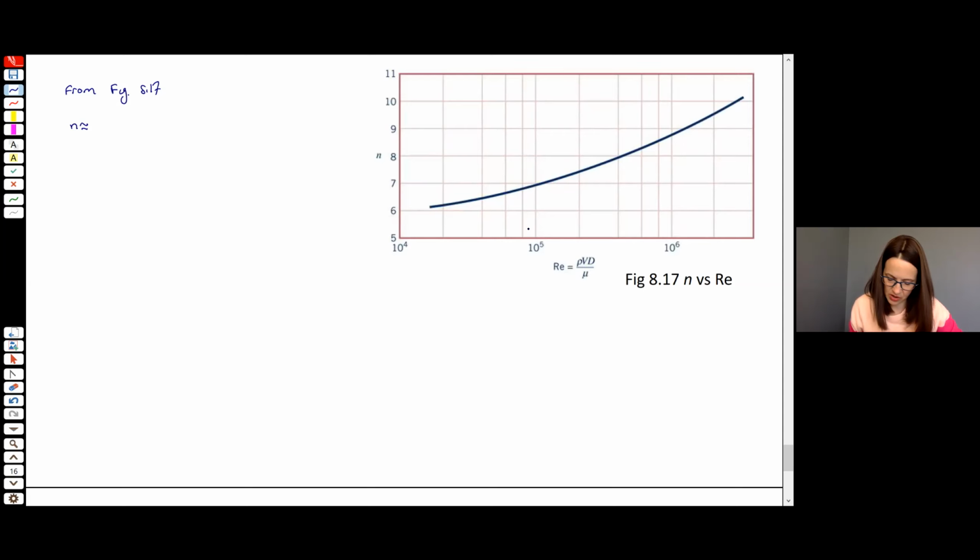So we go over here, here's 10 to the 5th, 2, 4, 6, 8, 10, right? So 5 is around here, or pardon me, around here. And we trace that back to the vertical axis and get an n of approximately 8.4.